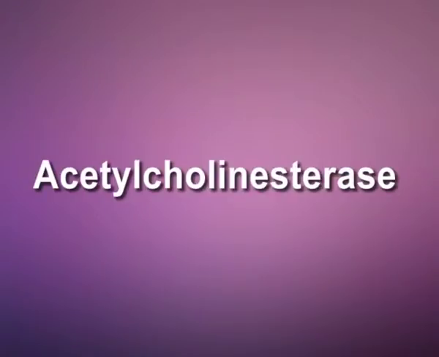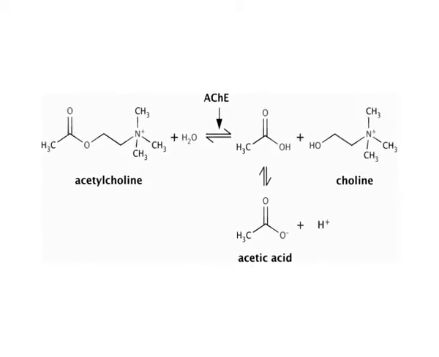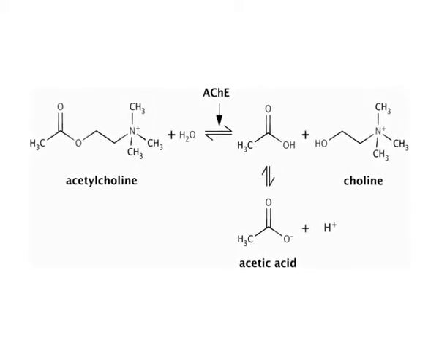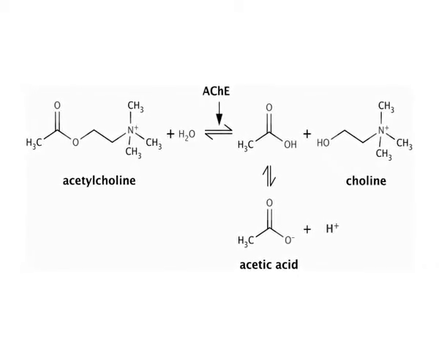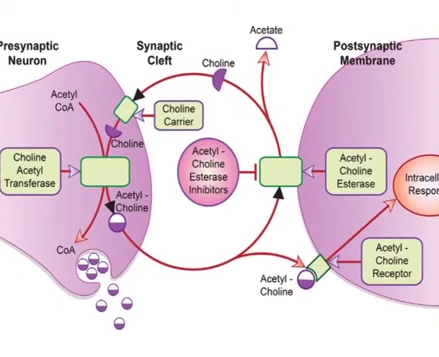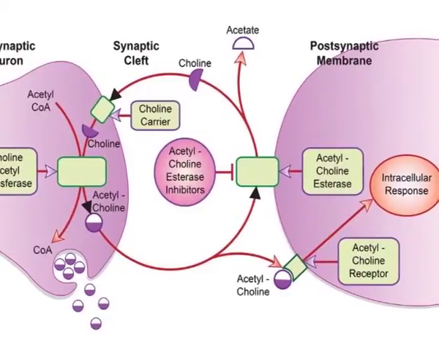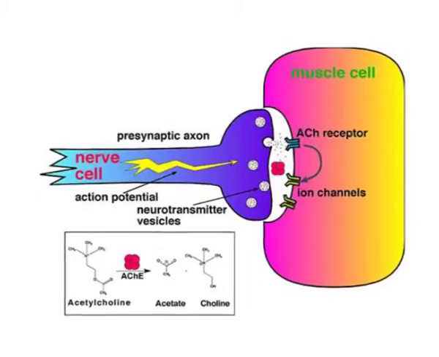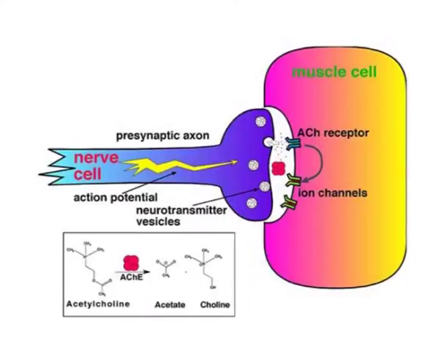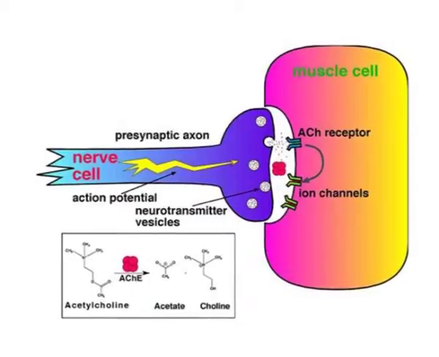Acetylcholinesterase. Cholinesterases are members of a family of enzymes responsible for the hydrolysis of acetylcholine. Various types of esterase are found in the body, but only two are discussed here. The first, true or specific cholinesterase, or acetylcholinesterase, is the enzyme that hydrolyzes acetylcholine liberated at the nerve ending.